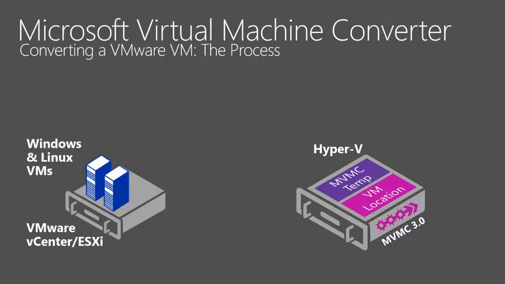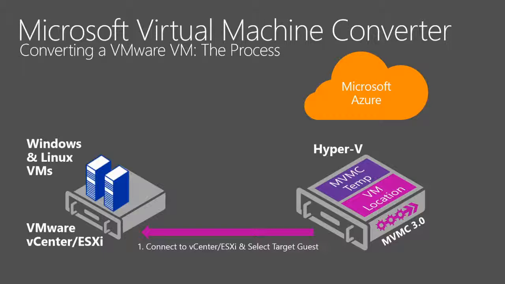So that combined space needs to be able to fit the VMs and the conversion that's taking place at that time. If you're converting a terabyte VM, you're going to need 2 terabytes of space, at least for the period of conversion. Once the conversion is finished, you don't need 2 terabytes of space. You just need 1. And then we've got Azure involved as well on a sunny day. Connect to vCenter or ESXi.